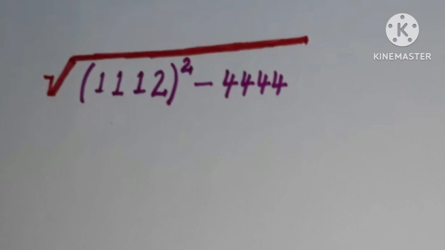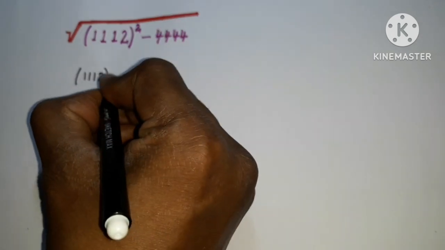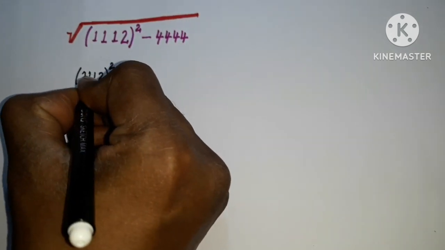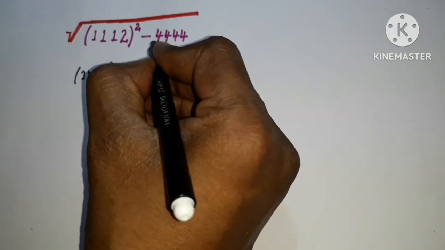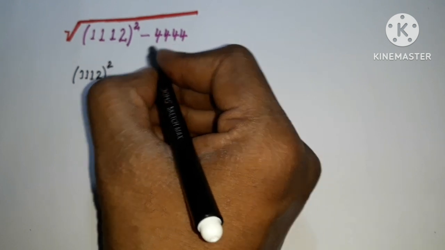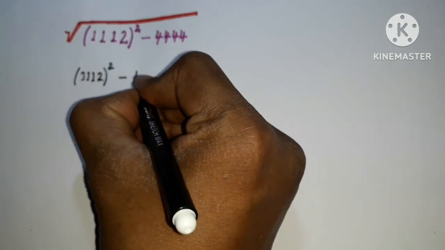So I'm just going to discuss one way to solve this question. First of all, I will try to simplify this in this way. So this can be simplified in this way: 1112 and a square. Here we have a square, and you can see that here we have 4444.